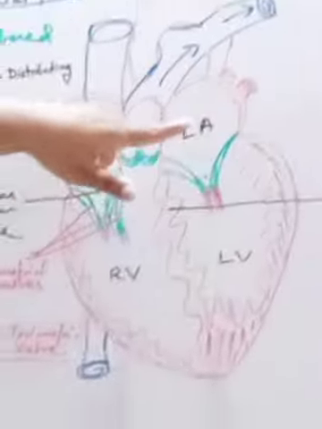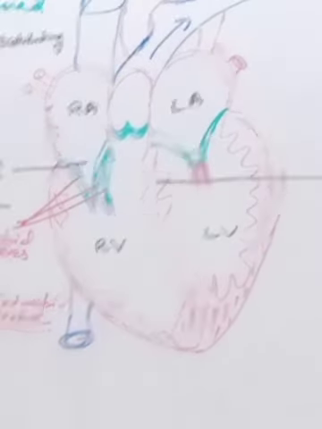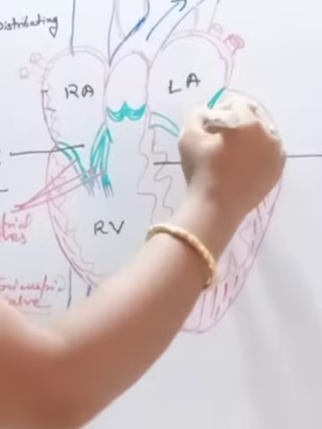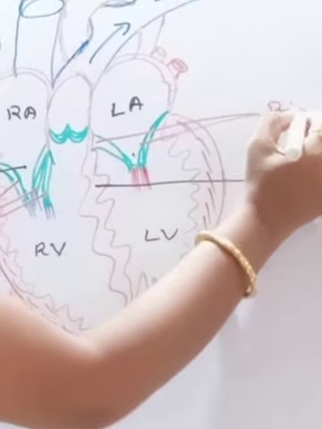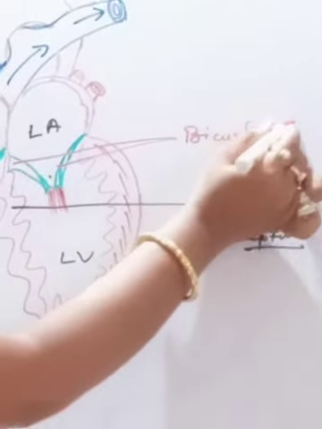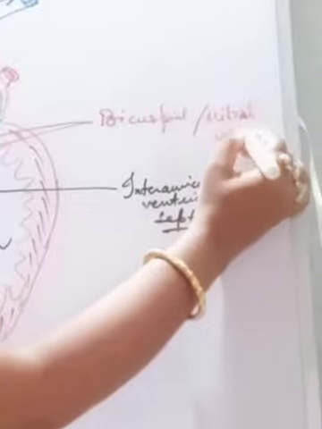Similarly, the aperture that is present between the left auricle and left ventricle is also guarded by a valve that is made up of 2 cusps. 1 and 2. That is called the bicuspid, or you can say mitral valve.